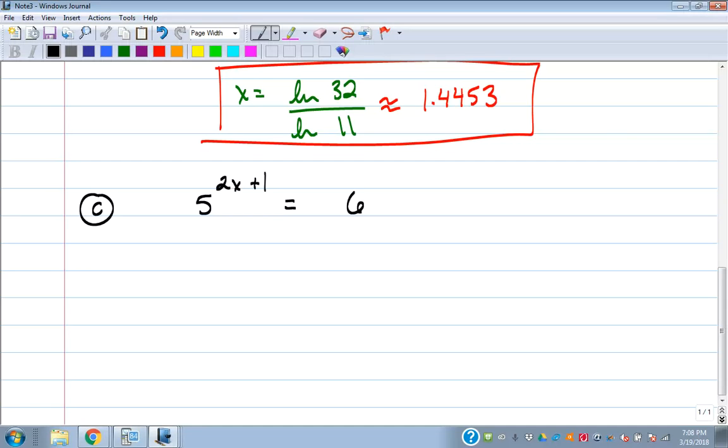Not much. The only difference is the exponent's a little bit bigger. Got more stuff in it. So what do we do to get that stuff out of the exponent area? Take the natural log of both sides. That lets us get 2x plus 1 times the natural log of 5 equals the natural log of 6.